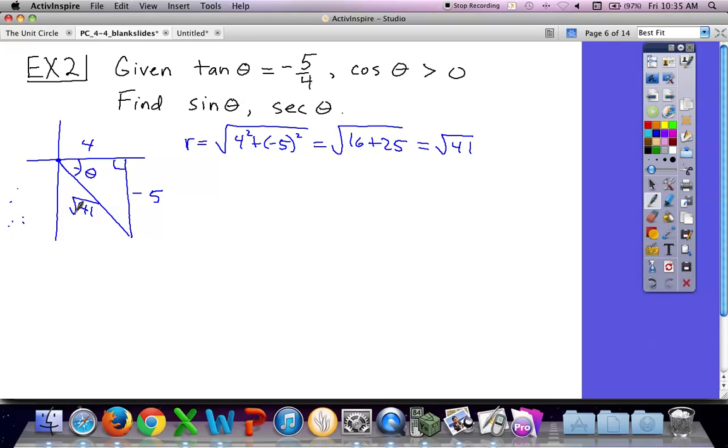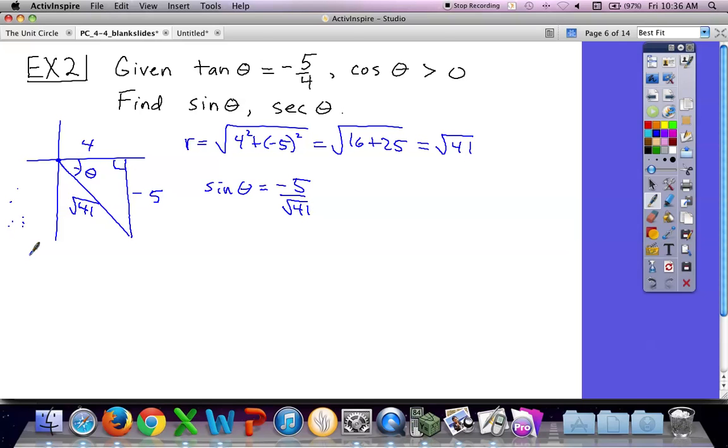There's no calculator needed here. Okay. Don't turn these things into decimals. Do not, right? So the sine should be, based on where the angle is, it's opposite over hypotenuse. Sine theta equals negative 5 over the square root of 41.